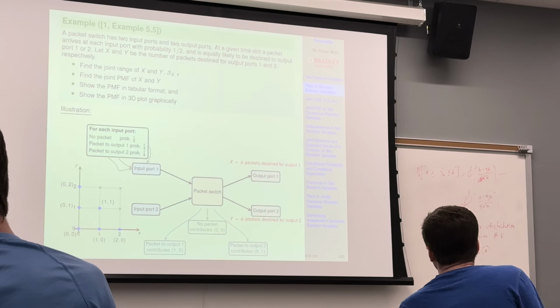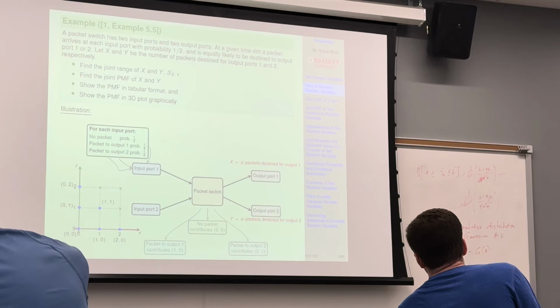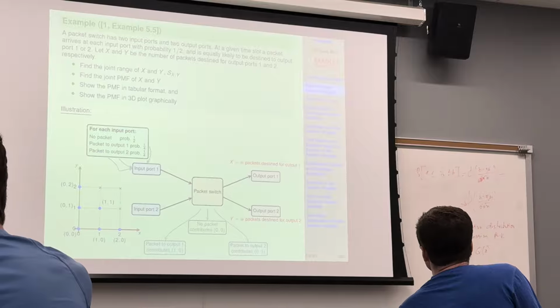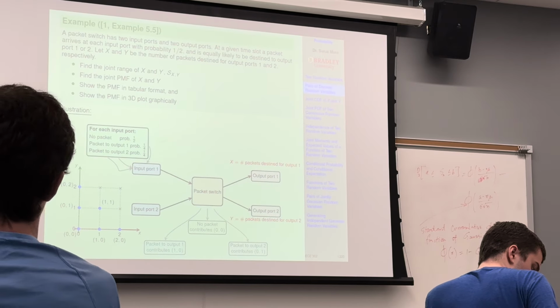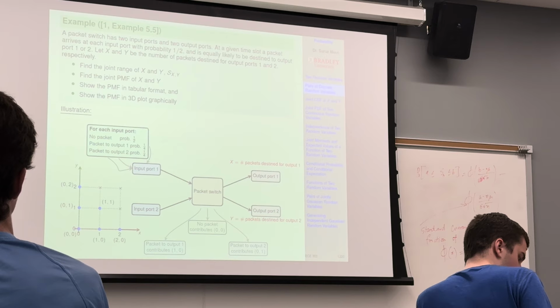Here, the CDF of two random variables. An example very similar to 5.5, maybe. But I'm going to make sure that the four problems you can finish in 15 minutes. So the problems will be adjusted accordingly.